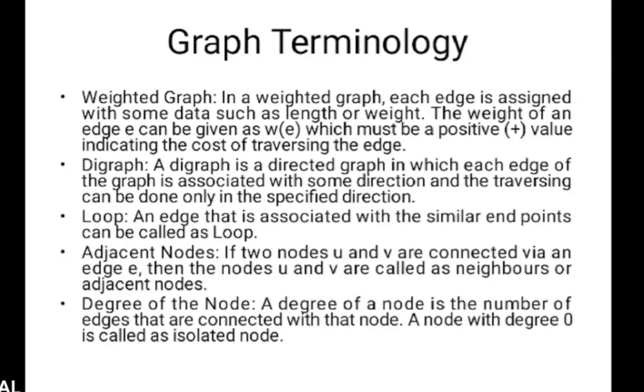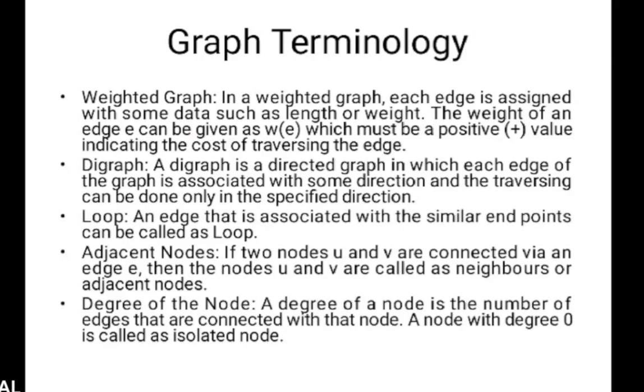Okay. In the sequential representation, we use an adjacency matrix. Basically, we use a matrix to store the mapping represented by vertices and edges. In the adjacency matrix, there are rows and columns, and each row and column is represented by a graph vertex.